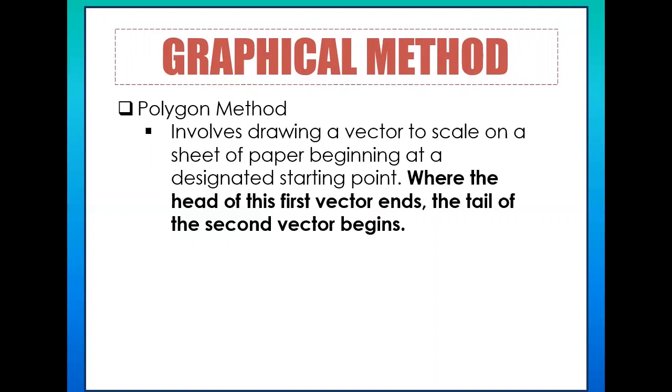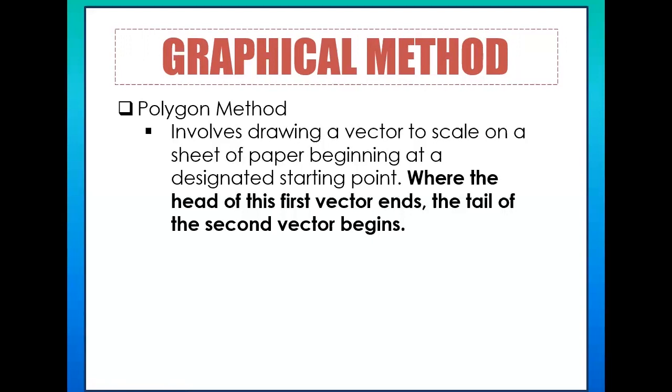Now, in order for us to get the resultant vector in this polygon method, we have to use a ruler. We have to measure the distance from the tail of the first vector diagram to the head of the last vector diagram. We measure that in order to determine the magnitude of the resultant vector.